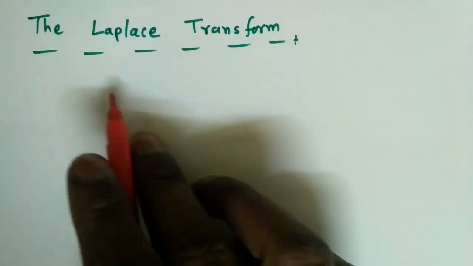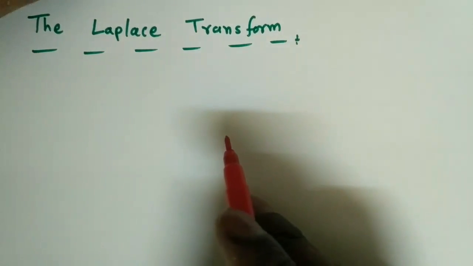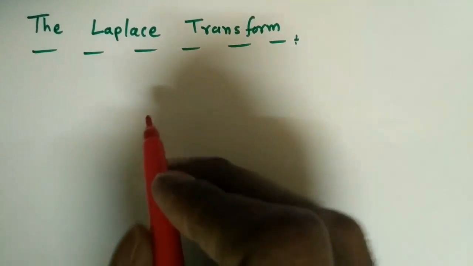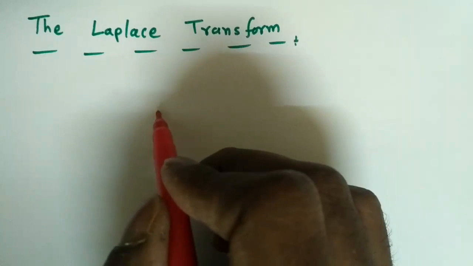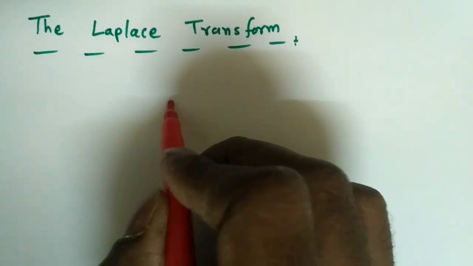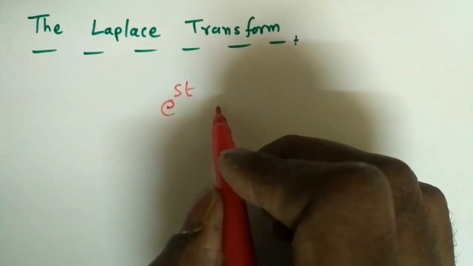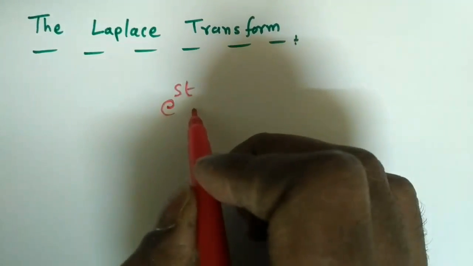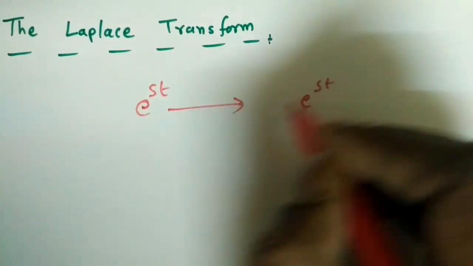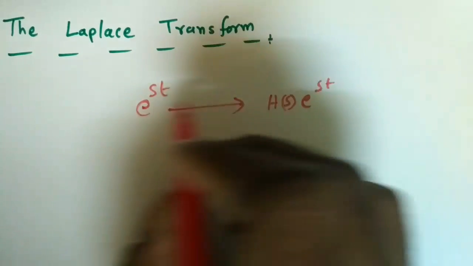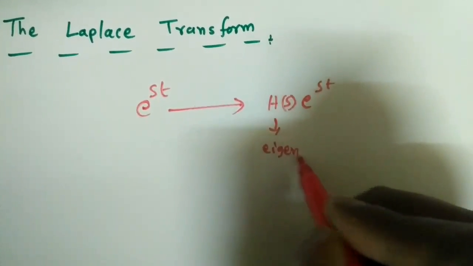Now we'll discuss the formulas for the Laplace transform. If you recall, when we discussed Fourier series representations in the last topic, when we apply a complex exponential signal e power st as input, the output is also of the form e power st but with an eigenvalue. This e power st is called the eigenfunction, and this is called the eigenvalue, right?